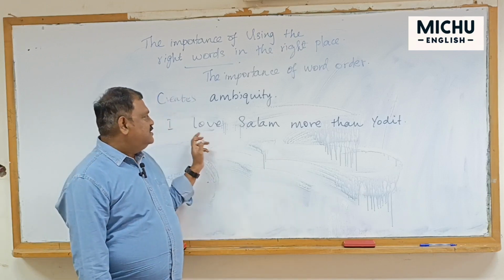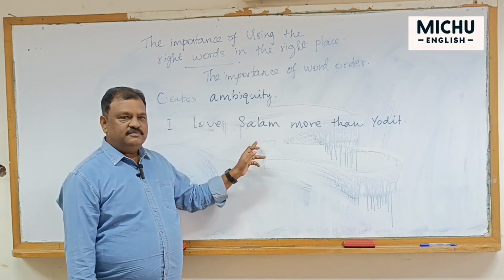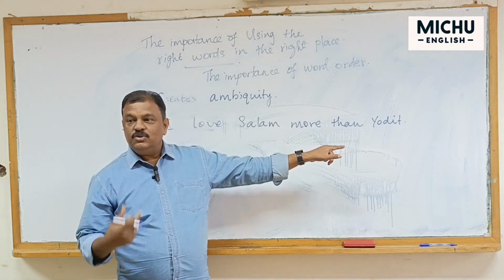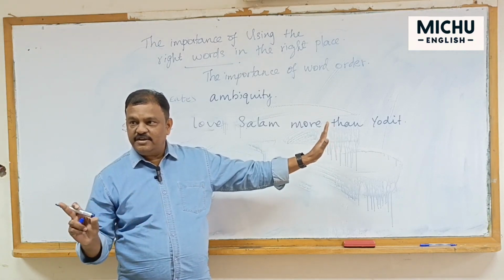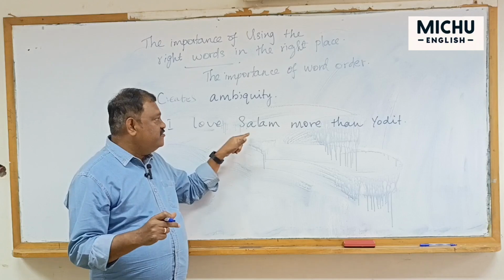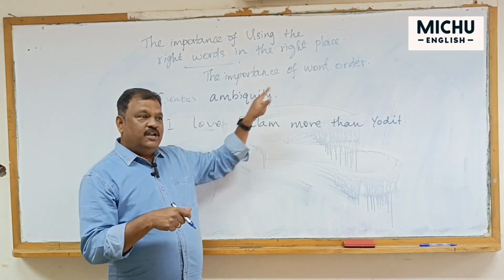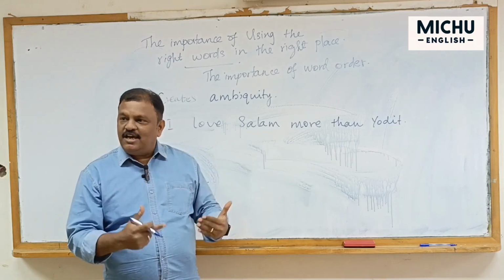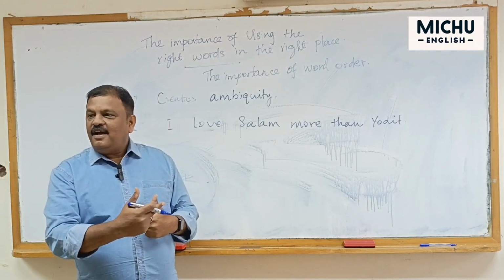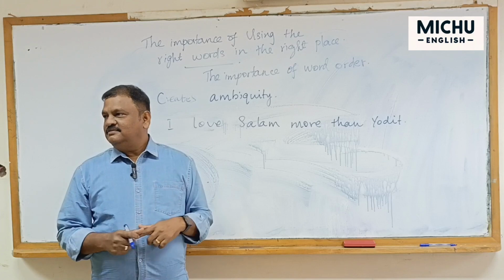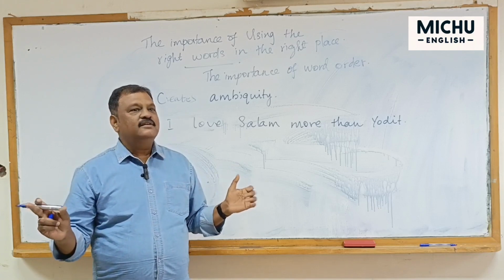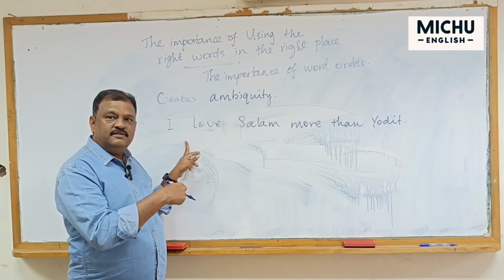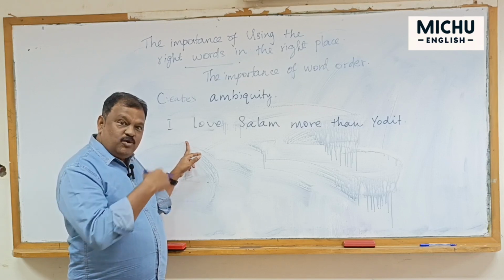How do you know? I love Salam more than I love Yodit. Do you get me? It's me who loves Salam and it's me who loves Yodit also. But I love Salam more than I love Yodit. You understand me? Right. The second way that we can mean it: I love Salam.